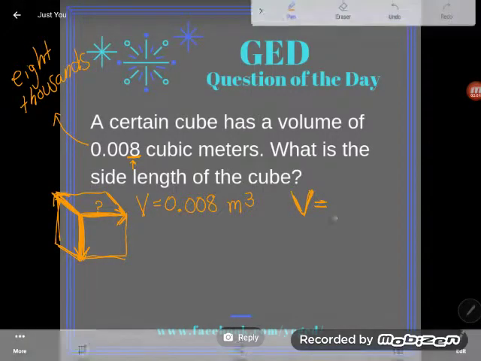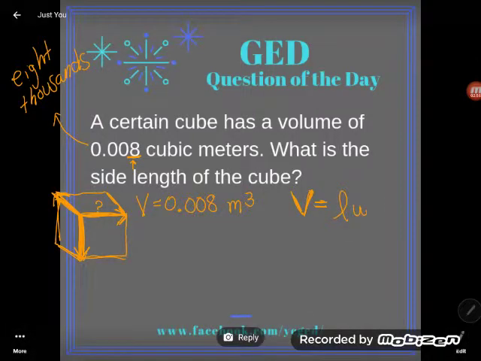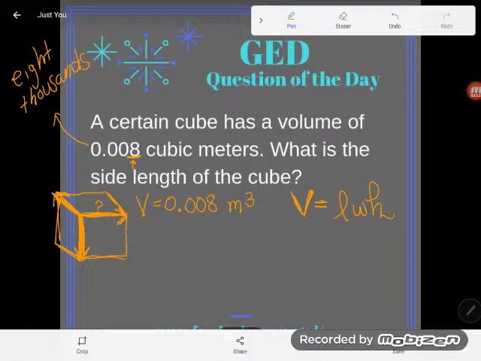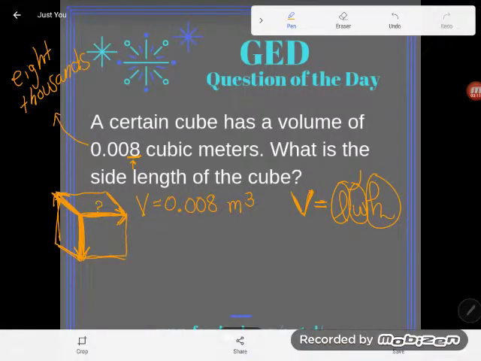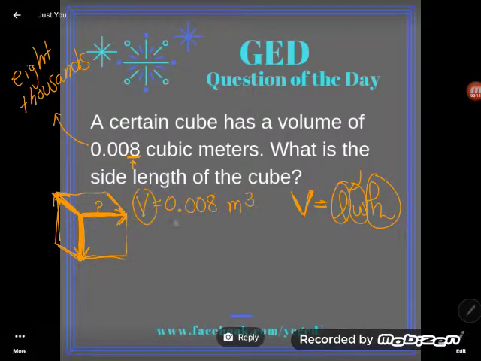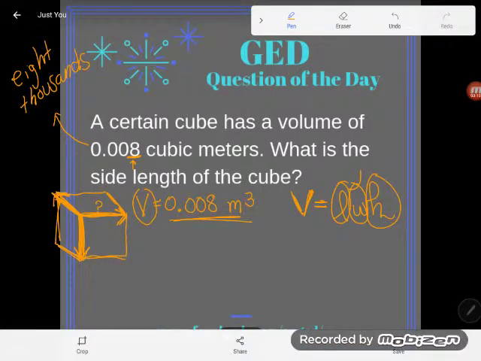That formula says the volume is equal to the length times the width times the height. Basically, if you want to find the volume of any kind of square or rectangular box, you just multiply together the three dimensions: the length, the width, and the height. So this volume that I know was found by multiplying together three numbers.